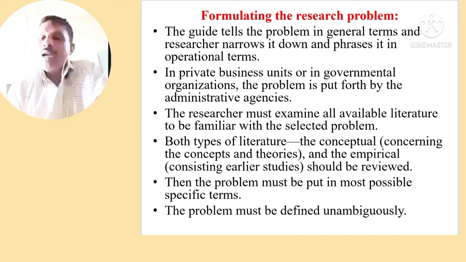Both types of literature: conceptual, in the sense concerning the concepts and the theories, literature concerning the concepts and the theories in relation to a particular topic, and empirical, which consists of earlier studies on the same or similar topic. That is called empirical, and everything in this should be reviewed by the researcher so that he gets fully acquainted with the problem at hand.